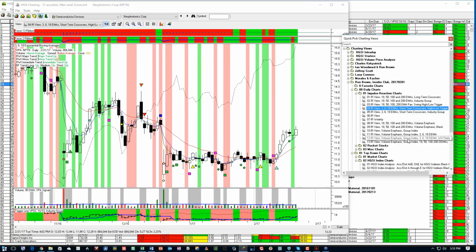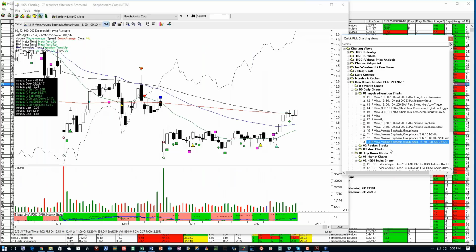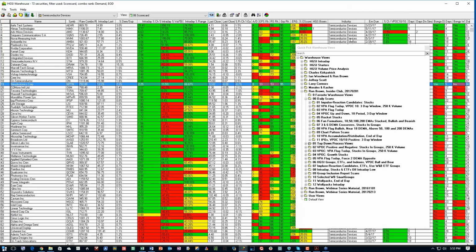Actually, I want to go down here. And the reason I want to go down here is because in the charts we have the ability to put what we call a warehouse view within a chart. So we can take any field in the warehouse, and I don't want to confuse you if you don't know what I'm talking about, but this is a warehouse behind me.